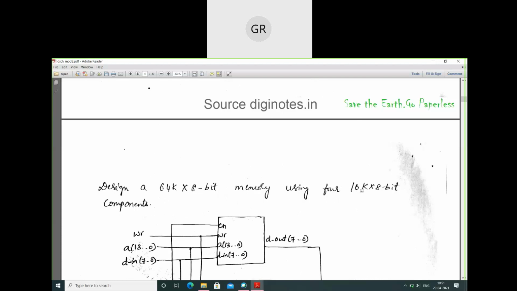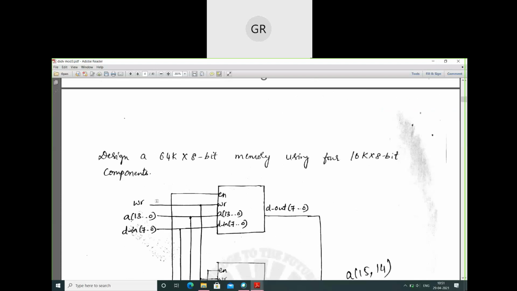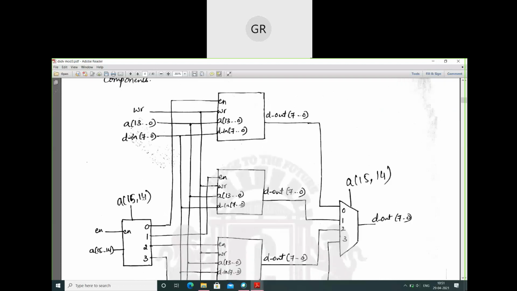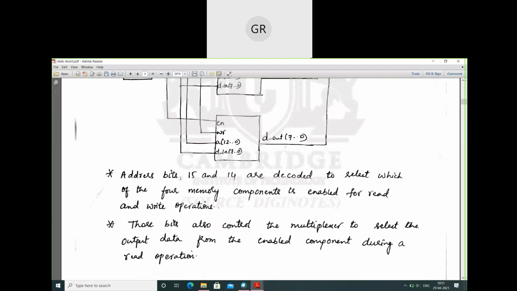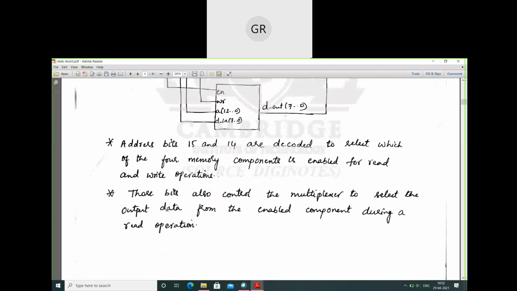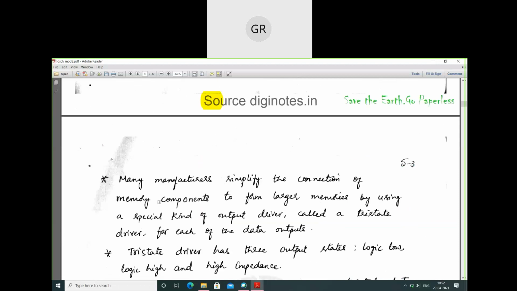Log of 16,000 divided by log of 2. That means 14 bits. Here 14 bits are used for address. Then remaining 2: A15 and A14 address bits. See here, address bits 15 and 14 are decoded to select which of the 4 memory components is enabled for read and write operations. Okay.